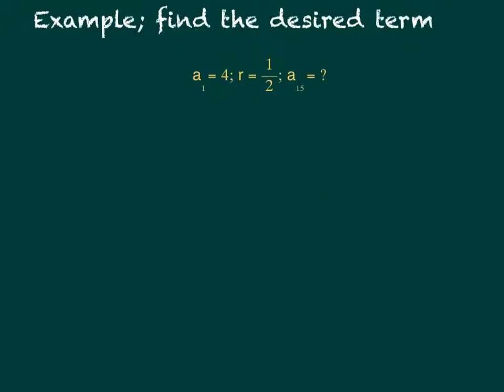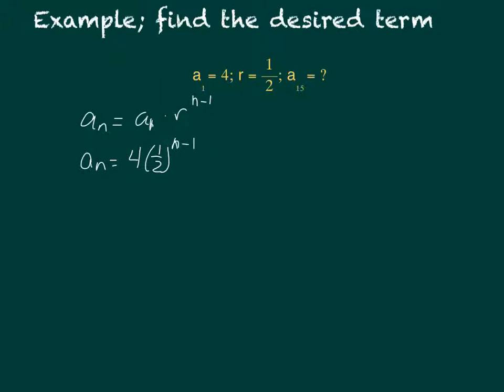So if we do an example here, we want to find a sub 1, which is equal to 4, and r is equal to 1/2, and we want to find a sub 15. So if we find a sub n, it might be a little easier. So a sub n is equal to a sub 1 times my r to the power of n minus 1. So that would be a sub n equals 4 times 1/2 to the power of n minus 1.